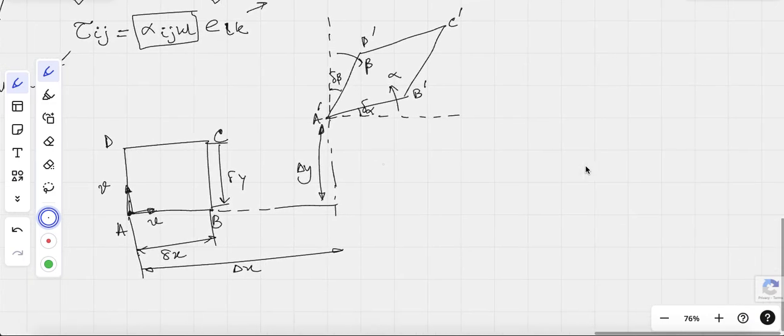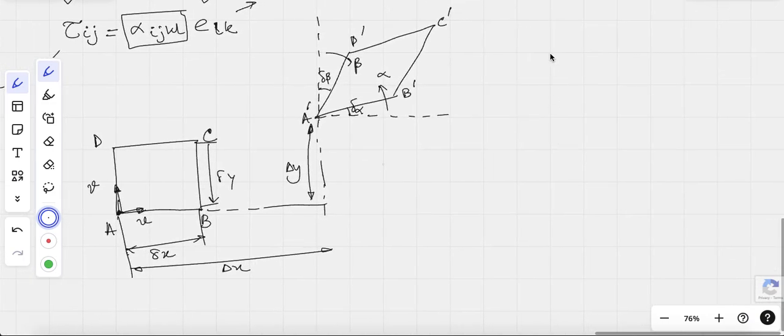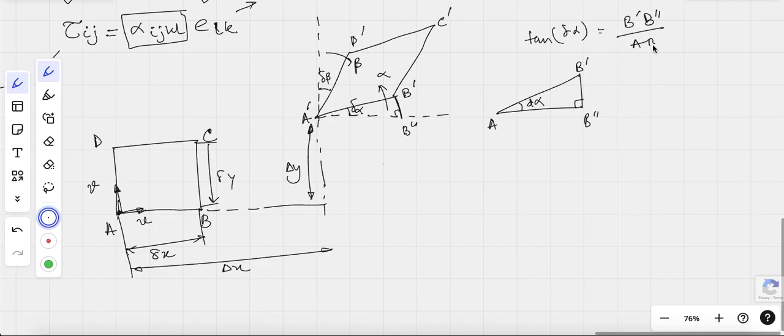Now if we see from this figure, if we drop a perpendicular b double dash and look at this triangle, a b dash b double dash, this is d alpha. Tan d alpha is equal to b dash b double dash by a b double dash.